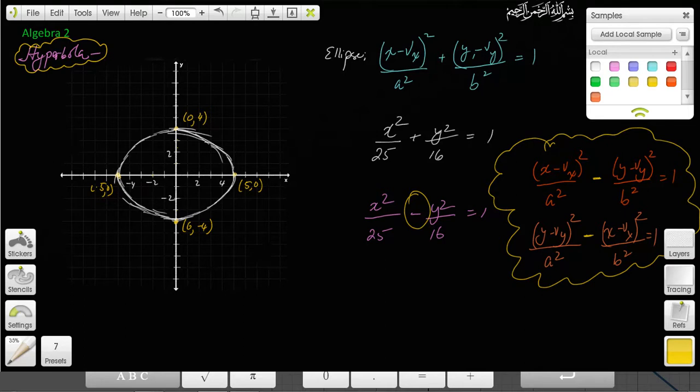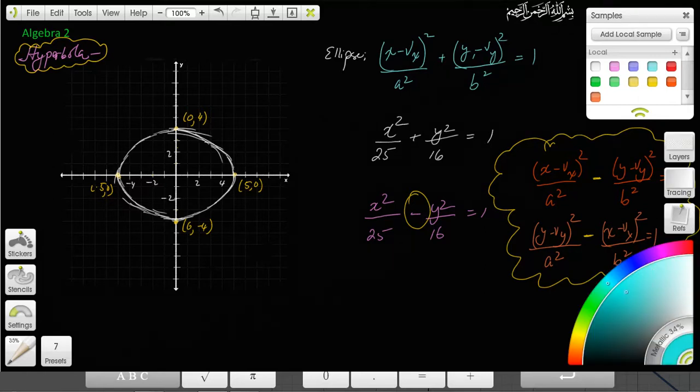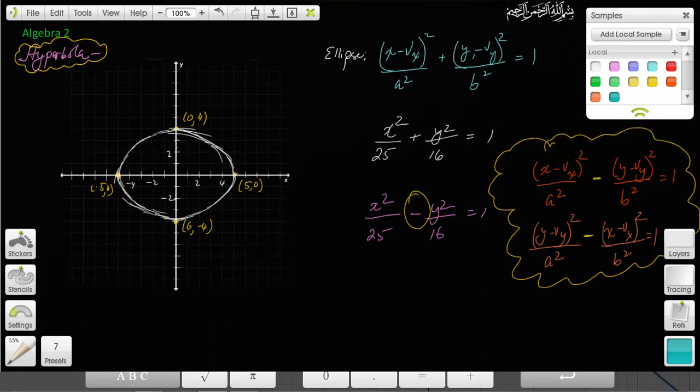What I'm going to do is make some horizontal and vertical lines, all right? So let me try to use this color over here. Now, from here, from the major axis, I'm going to draw this line over here. And then from here, draw this line over here.